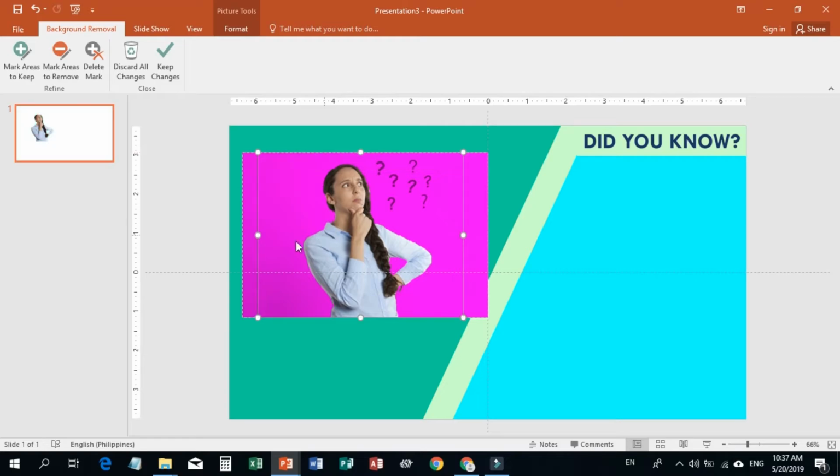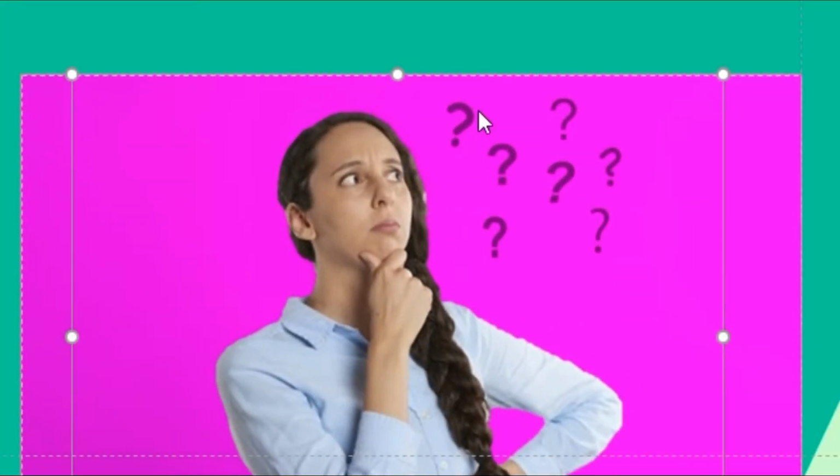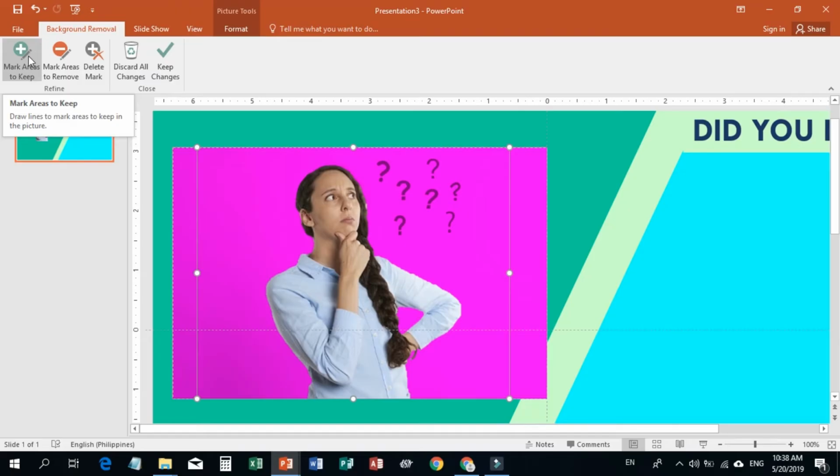So you notice that these question marks are not selected. So I'm going to select this one to Mark Areas to Keep. I'm going to click this one. Make sure that you don't click outside because it will be selected as well and it will not be removed. Okay, so just click this question mark here. If you're satisfied with that, then you can stop from there.